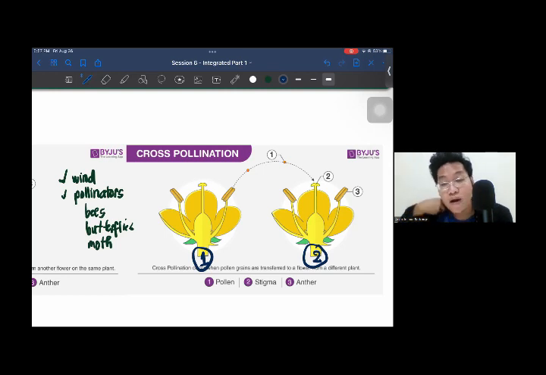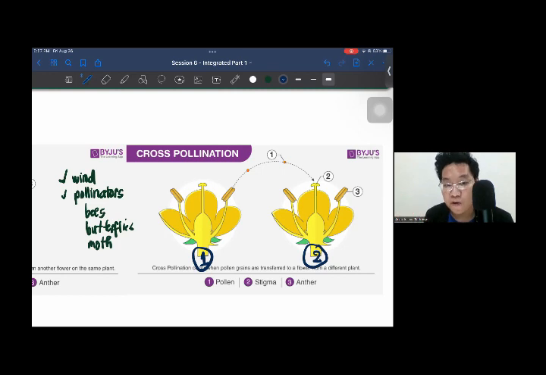And kapag yung mga anther natin, kung yung mga pollen grains natin ay napupunta ng mga butterflies o kaya ng wind papunta dun sa stigma ng isang flower pa, magkakaroon doon ng cross-pollination. Parang nagkakaroon ng crossbreeding.